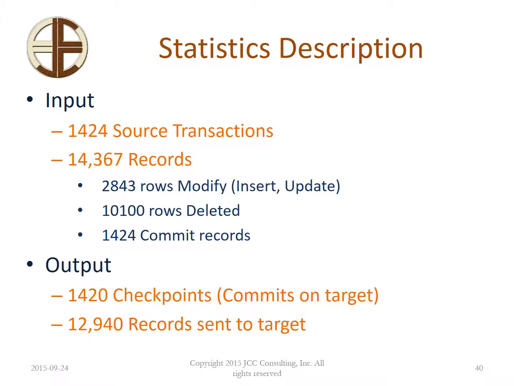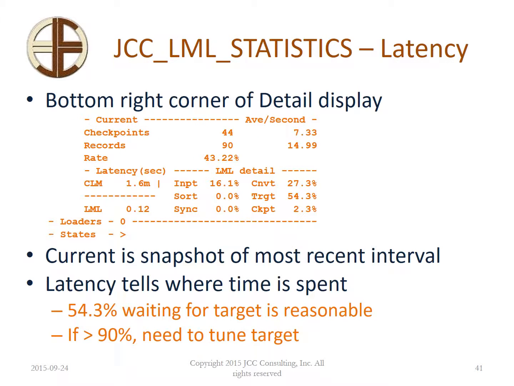We also have done this in 1,424 transactions, so we have commit records. The output has approximately 1 commit on the output for each commit on the source record. And we've sent 12,000, almost 13,000 records to the target.